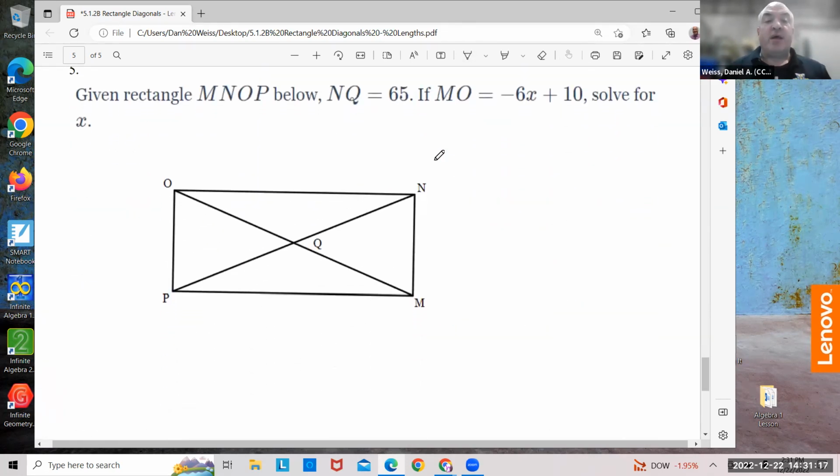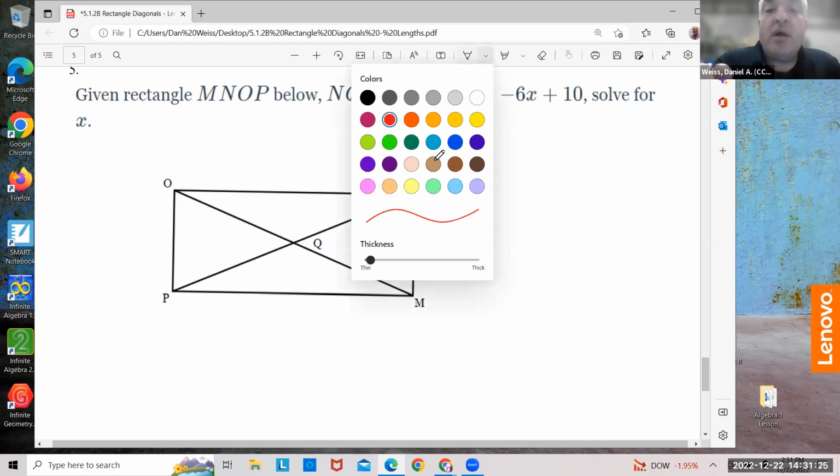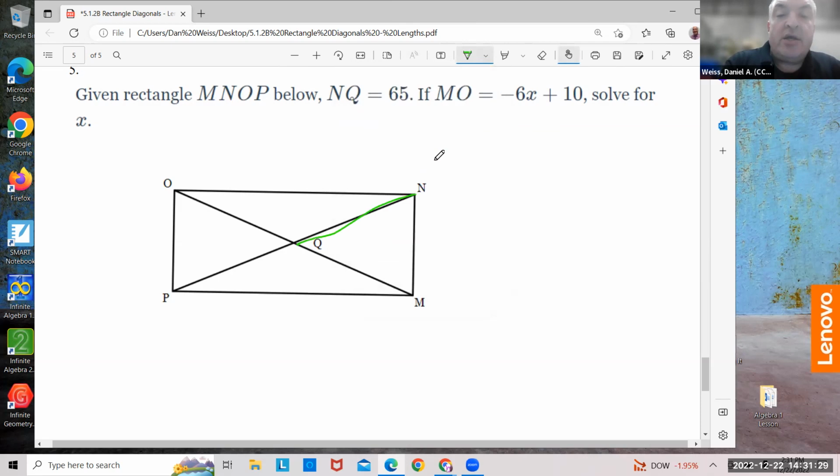Let's do the same thing one more time, okay? So here we've got NQ. Here's NQ from N to Q. NQ is 65. Okay. MO.